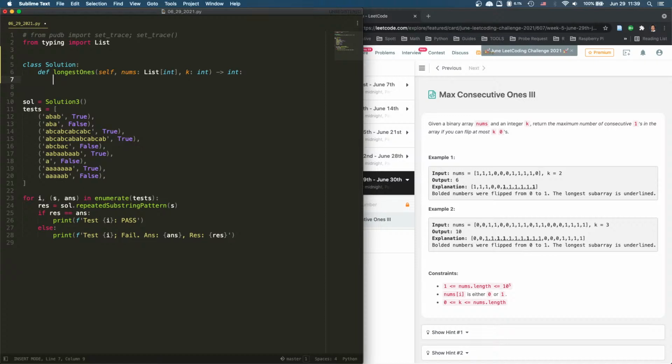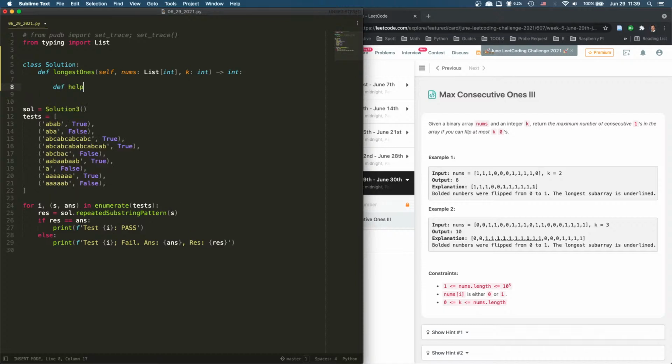What are we going to do? We're going to accumulate. So the def helper. Helper, we're going to have the index of the 0. What else do I need?